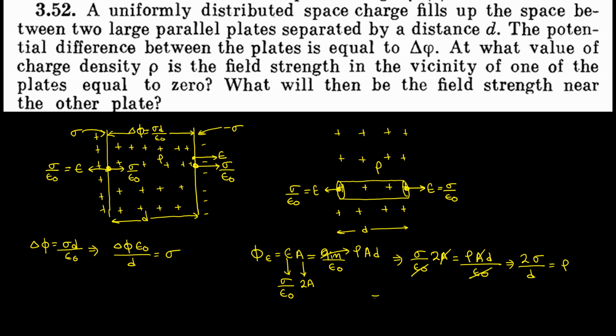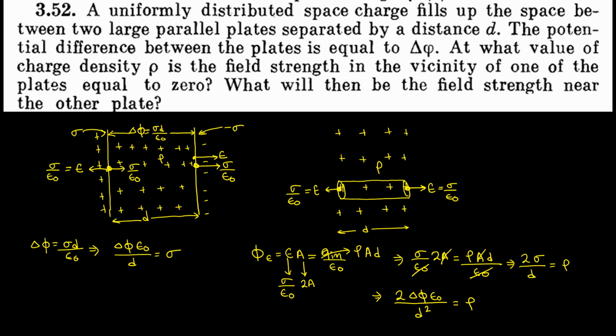I get 2 into delta psi into epsilon naught by d square is equal to rho. So charge density is equal to 2 into delta V into epsilon naught by d square. Understood? This d and this d get multiplied to become d square. So this was the question.